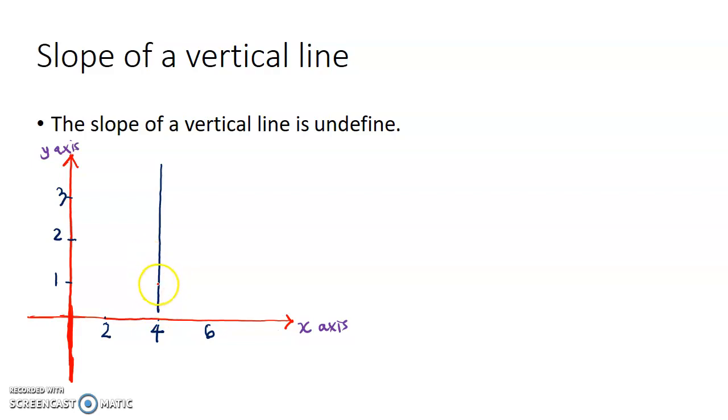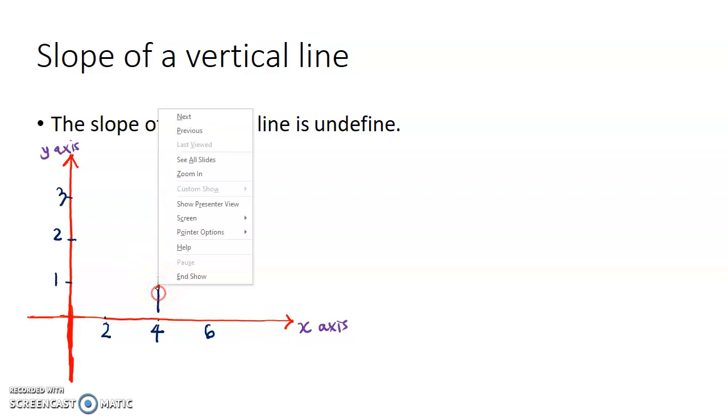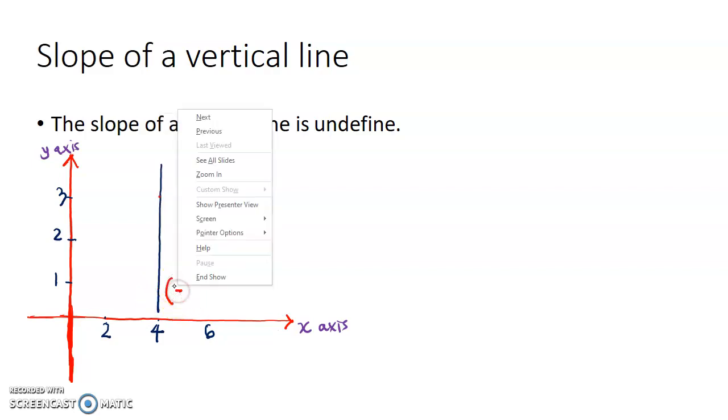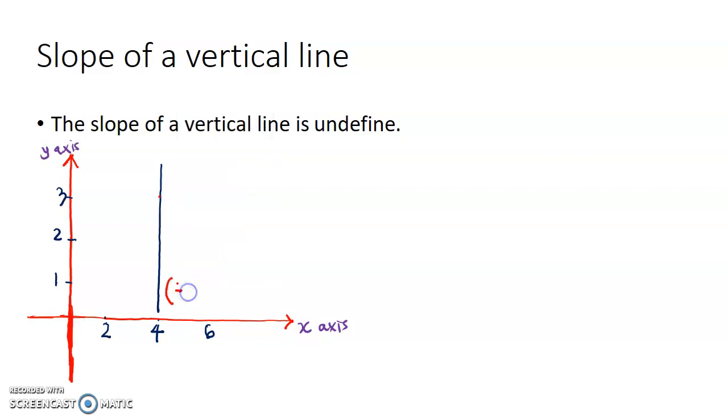Now, let us take 2 points, any 2 points on this graph. I can take these 2 points here. If you look at this point here, when x is 4, my y is 1 at this point here, right?